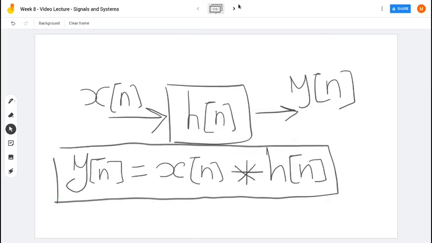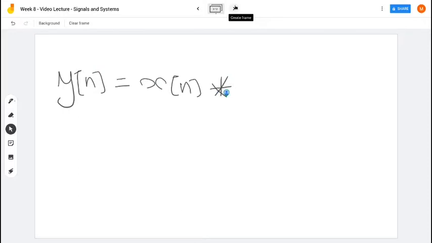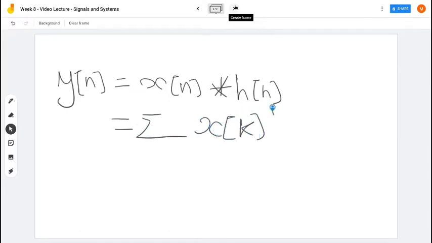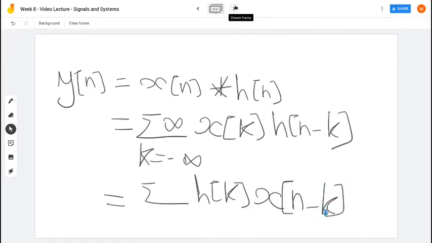And if you remember, the convolution was defined as follows. y of n, which is the convolution between the input x of n and the impulse response h of n, is equal to the summation of x of k times h of n minus k, summing over the dummy variable k from minus infinity to positive infinity, or equivalently summing h of k times x of n minus k, summing over the dummy variable k from minus infinity to positive infinity.